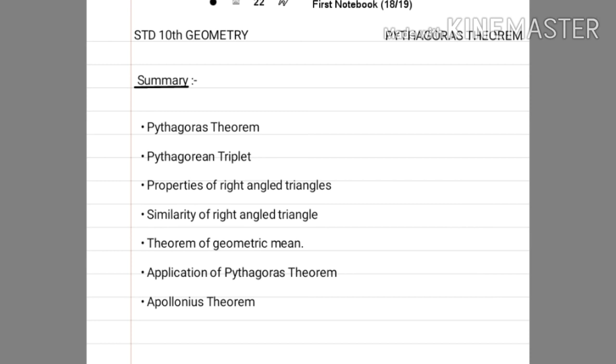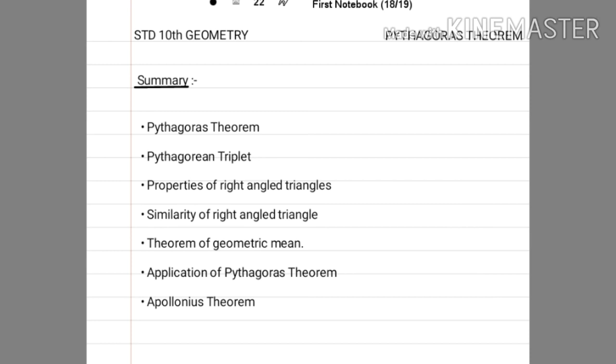The next is the 45 45 90 property, in which the side opposite to the 45-degree angle is 1 by root 2 times the hypotenuse. So this is what we learned in the properties of right angle triangles.